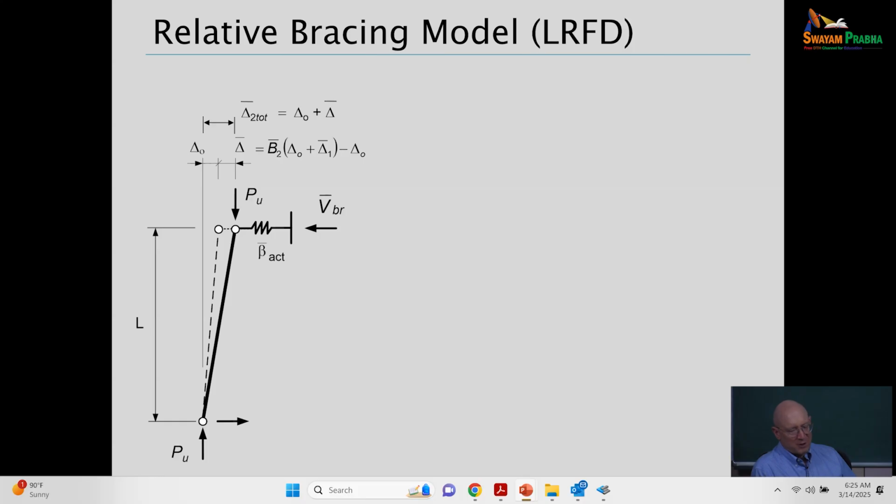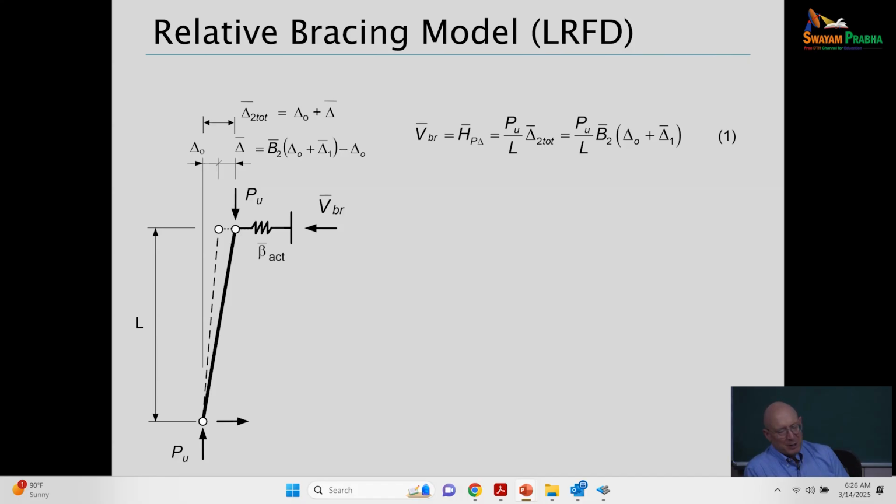The most fundamental thing we can say about this is, okay, we started out with an out of plumbness delta naught, we put PU on it, we got additional deflection delta 1 bar. The sum of those two is a delta 2 total with an over bar. And so what's the force that we have to have in our bracing, or bracing spring, if you like to say, there at the top?